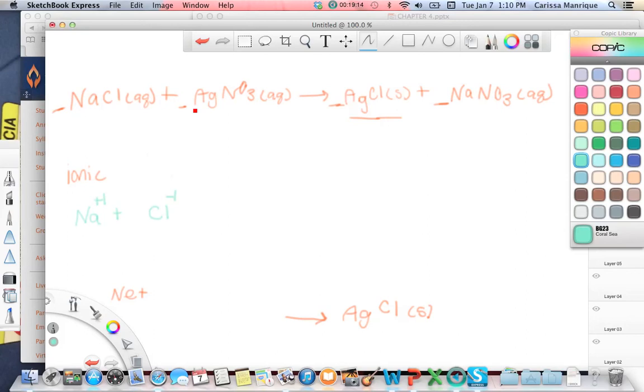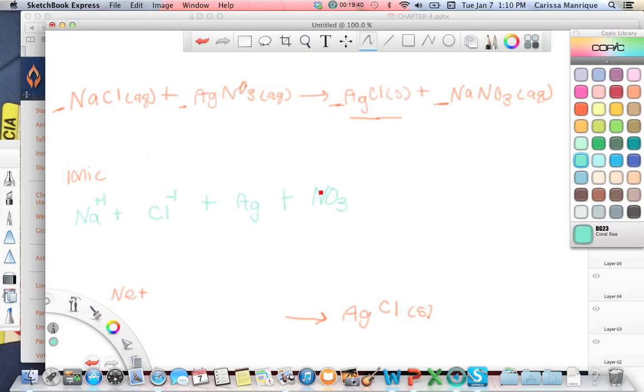Okay, let's look up there. Silver nitrate, plus a silver. I only have 1 silver. And then nitrate, I only have 1. Remember, nitrate's a polyatomic ion. That's how I know I write it all together. So you have to become familiar with your polyatomic ions to know when to keep them together.